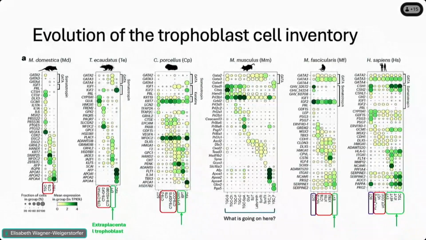In the others, we find a new cell type coming in, at least in terms of its behavior, that we call EPT, so extraplacental trophoblast. Those are cells that go out of the placenta and invade the maternal tissue.